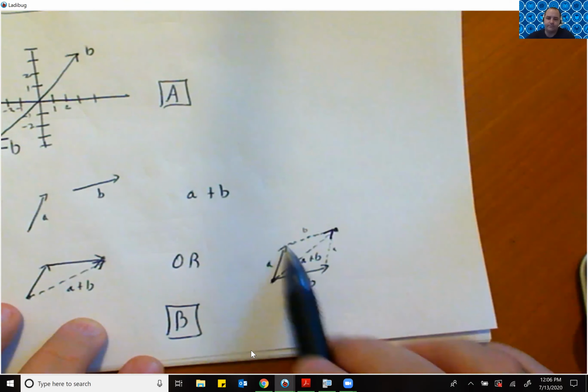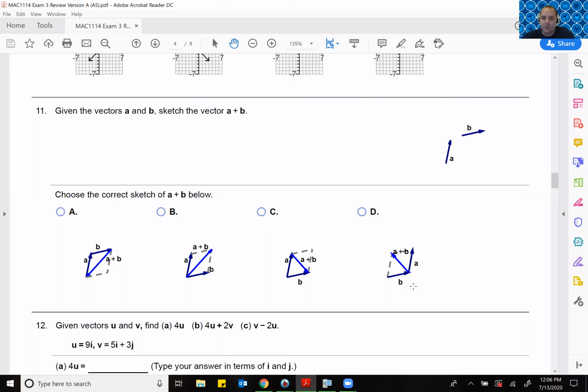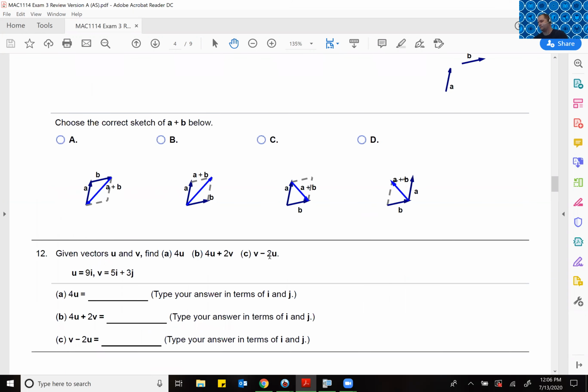That's wrong. And then the last one is the wrong order. It said it started with B and then ended with A. That's not correct. It starts with A and ends with B. So incorrect. So it has to be B. So just keep an eye on that. All right.